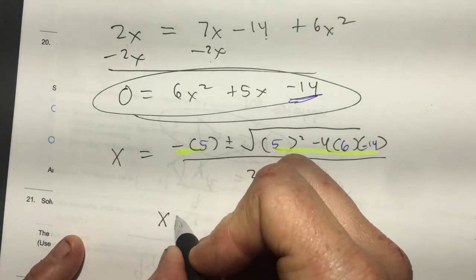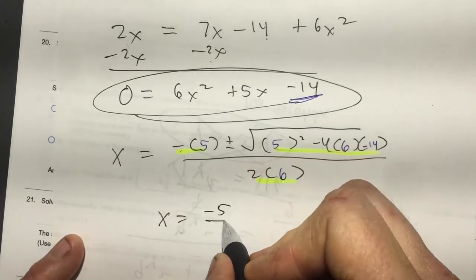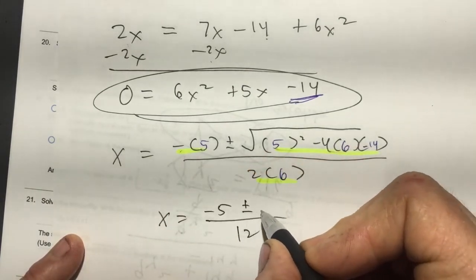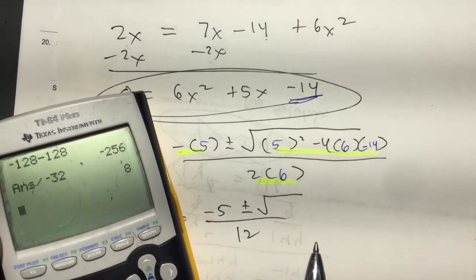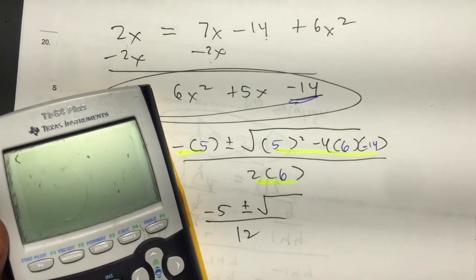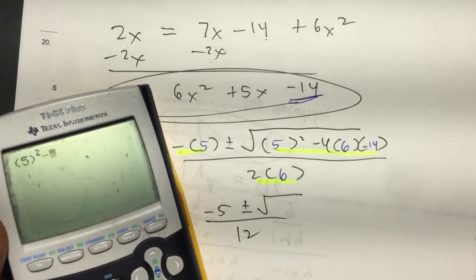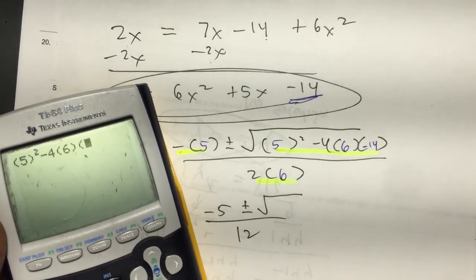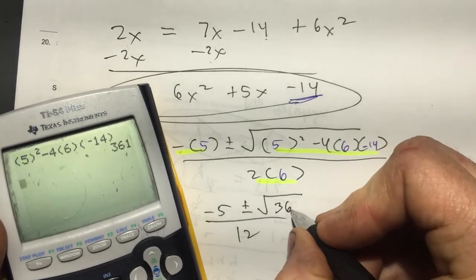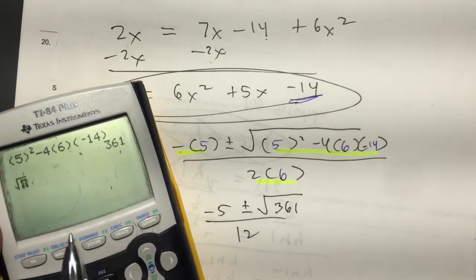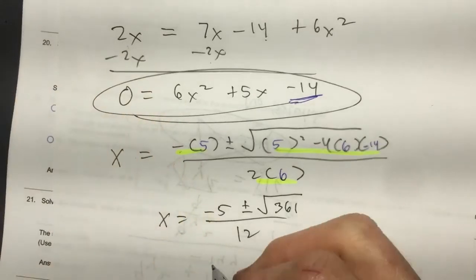But x is going to equal negative 5. Down here, I got 12. And my radical, all right, let's see here. I got a 5 in parentheses squared minus 4 times 6 times negative 14, 361. Let's see if that's a perfect square. It is, 19.